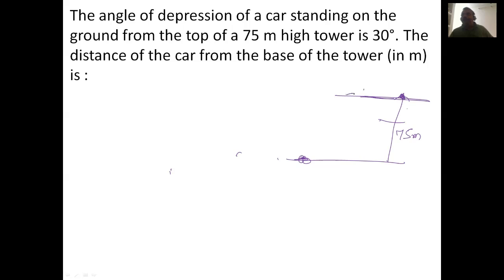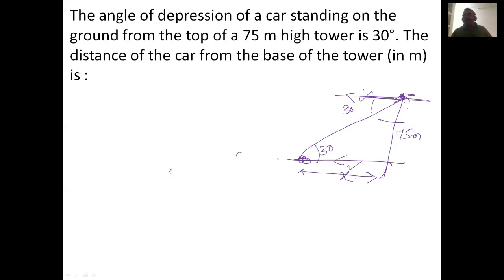This is the horizontal line, and you should know the horizontal and the ground are parallel, and the angle of depression is this, and this angle is 30 degree. So we know that these two are parallel lines, so the alternate angles are equal. This is 30 degree. And now what is the distance of the car? You have to find this x, distance from this point.